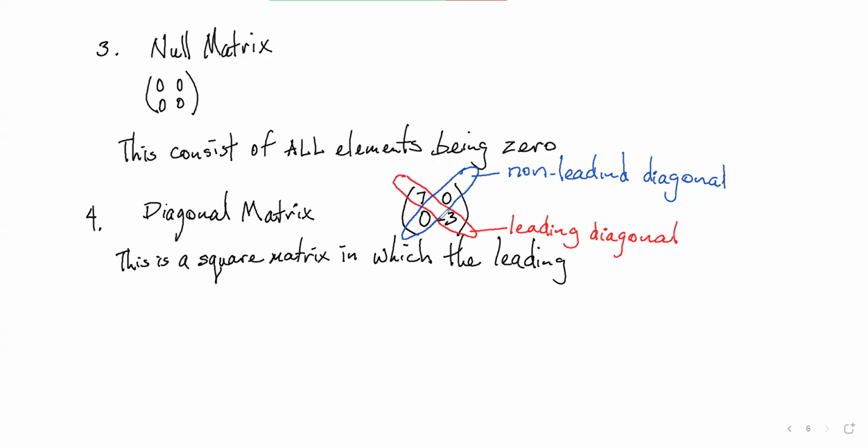So it's a square matrix in which the leading diagonal has values greater than 0 or less than 0. Or we could say, I'm studying how to put this, it's a square matrix in which the non-leading diagonal is 0. To put it that way.